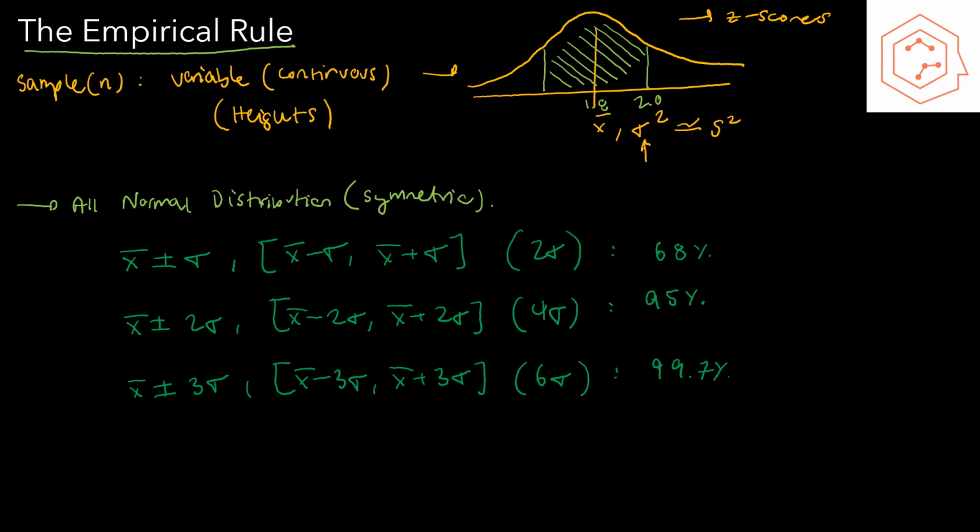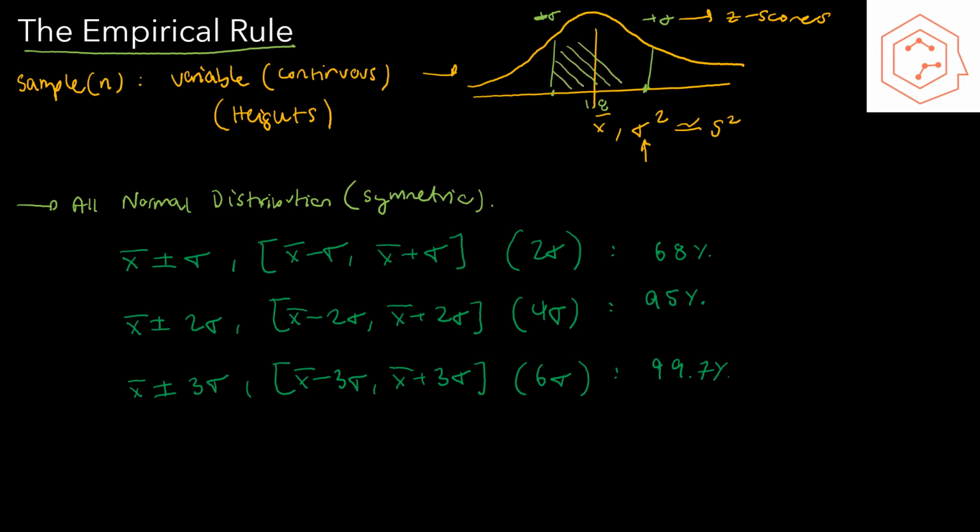So if we visualize this, let's suppose that one standard deviation is represented by these two green marks. So this is minus 1 standard deviation, and this is plus 1 standard deviation.